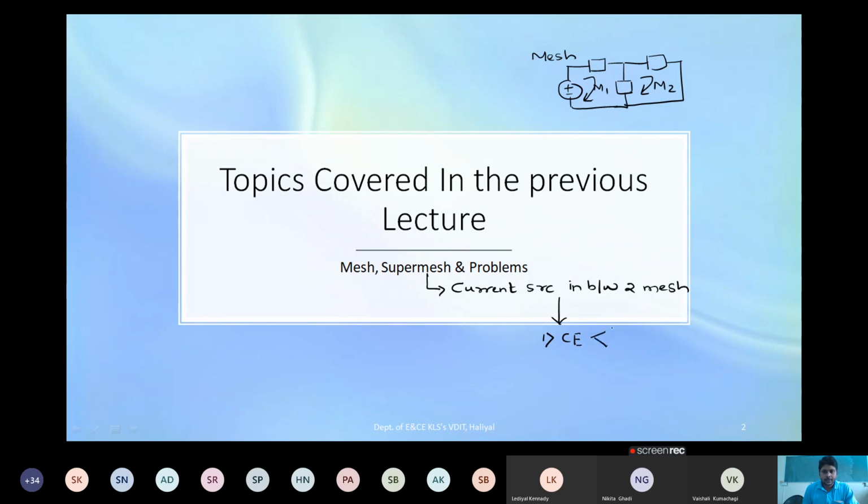This you can do by the observation method or by KCL. And if you are doing it by KCL, select the node where the minimum number of currents are meeting. Then after removing that current source, we get the entire combined mesh, and there we apply KVL.